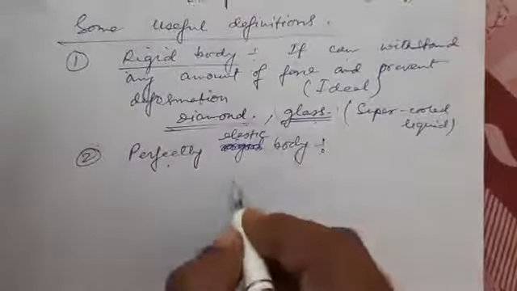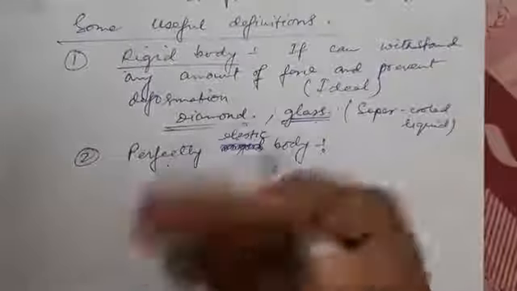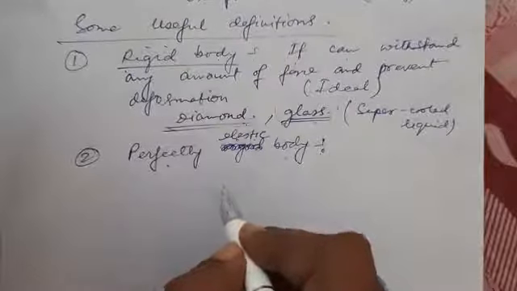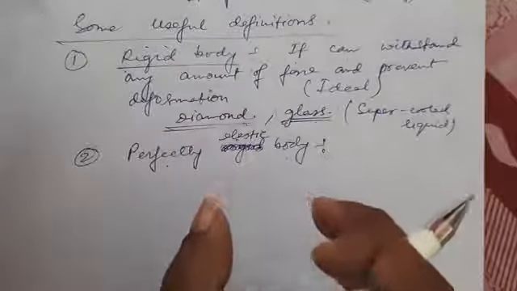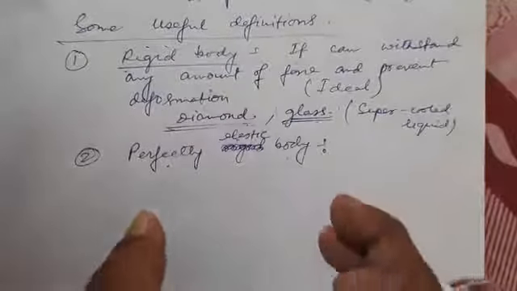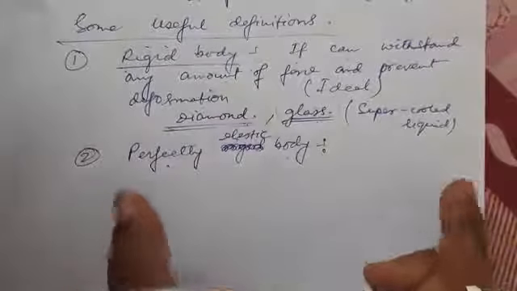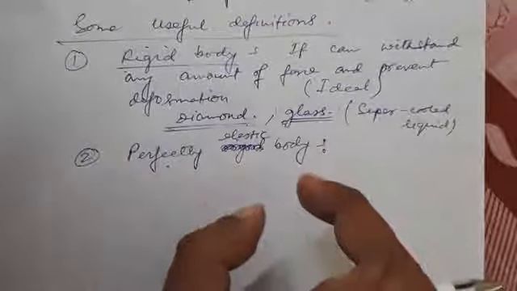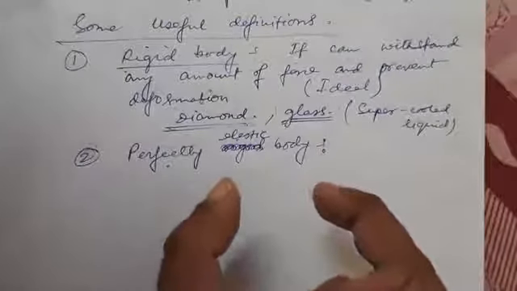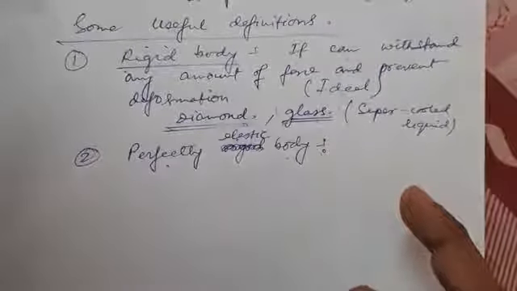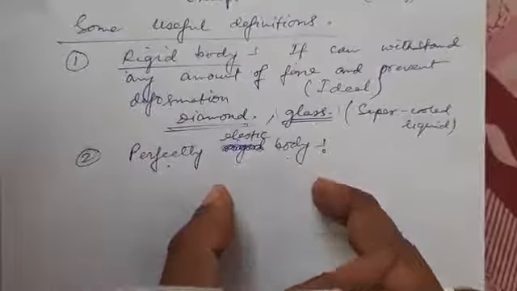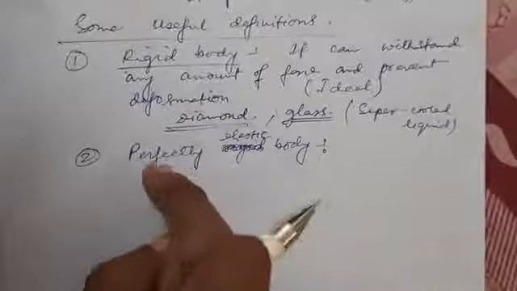What we learnt in the first part of the video is that when we apply a force, the body gets deformed. After we remove the force, the body regains its original shape and size, but within the elastic limit. If the elastic limit is crossed, then the body will not return to its original shape and size.